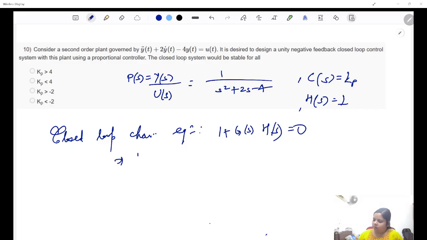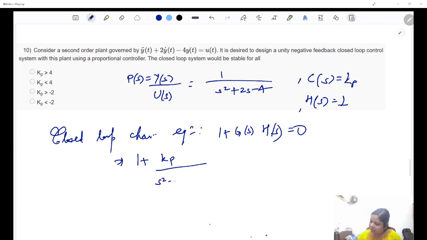From here, 1 plus Kp upon s square plus 2s minus 4. Gs is Cs into Ps, right? Ps, that is, plant transfer function, Cs, that is, controller. Everything that you have in the forward going path, not in the feedback. Okay, so this is your Gs into Kp is greater than 4 is the answer. I think it is. Let's move forward and see.